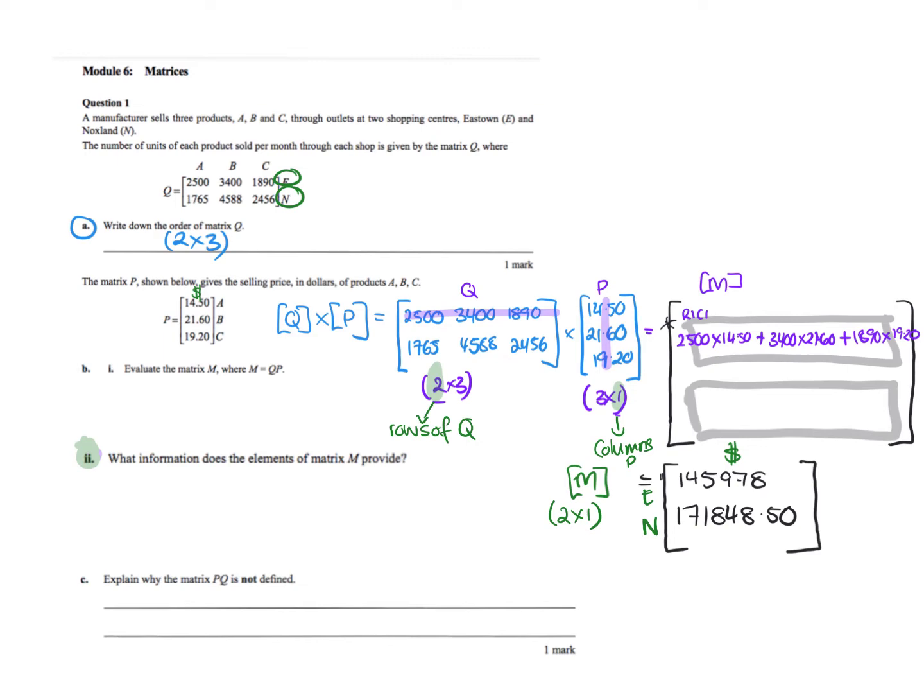Yep, Marcus? The price of E and F. Yeah, so the price of what? Is it the money that's been made at each outlet? Yeah, so the money made at each outlet, or the total sales for that shopping town. Does that make sense? And that's what we did. We were multiplying every product that they sold by the price, and then we added it together, so we were getting the total information.